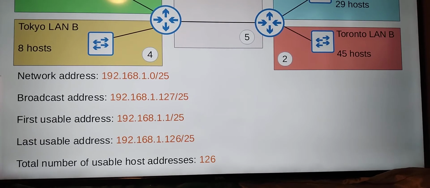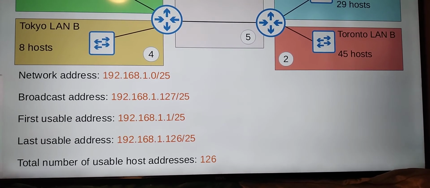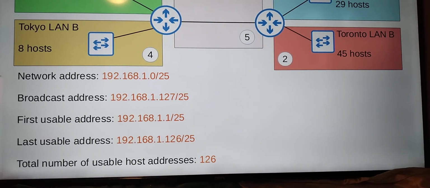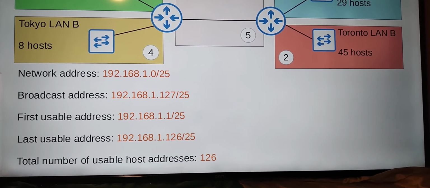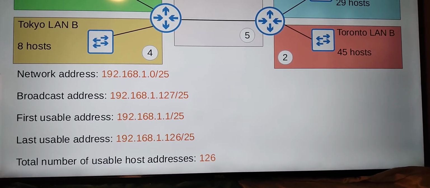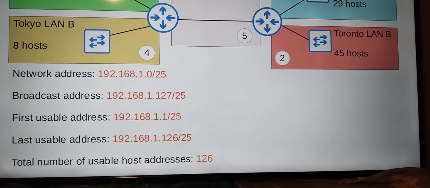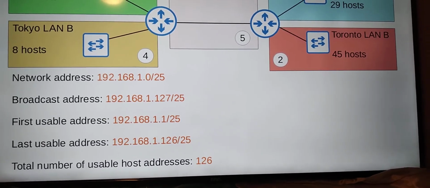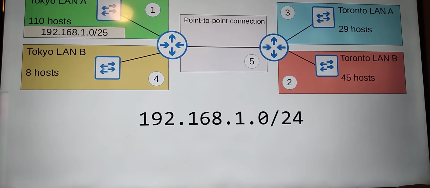The first usable address is 192.168.1.1/25, and the last usable address is 192.168.1.126/25. Total number of usable host addresses is 126. So now we do have our first subnet.